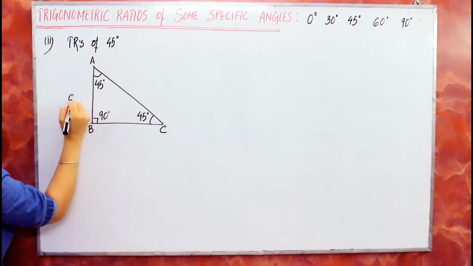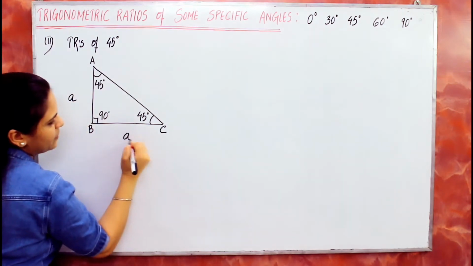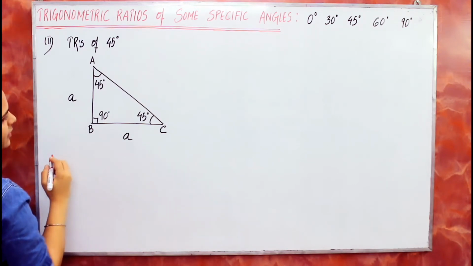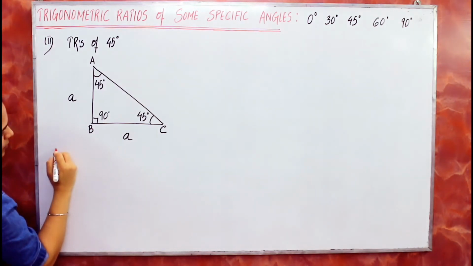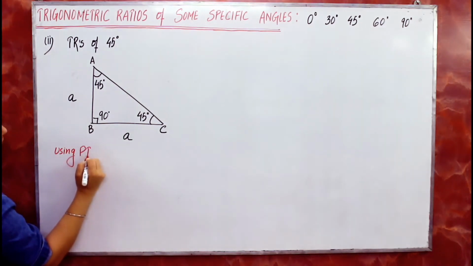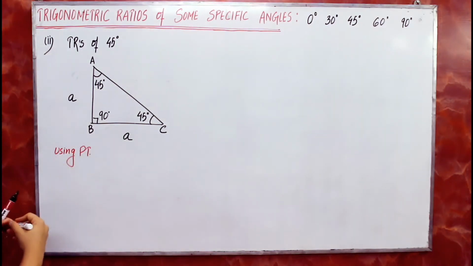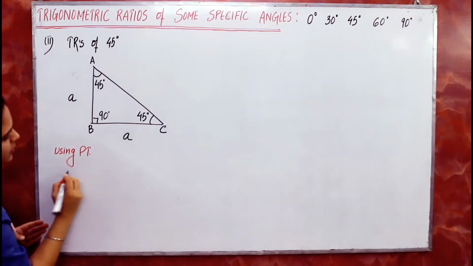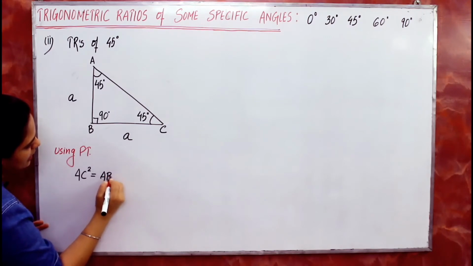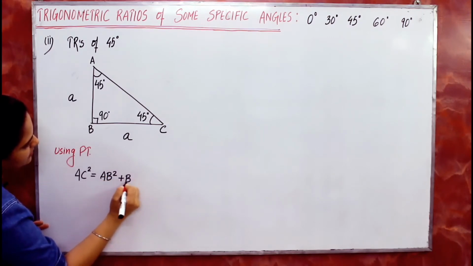Let the sides AB and BC be a. And using the Pythagoras theorem in this triangle, we can find the value of the hypotenuse. So using the Pythagoras theorem, AC square is equal to AB square plus BC square.